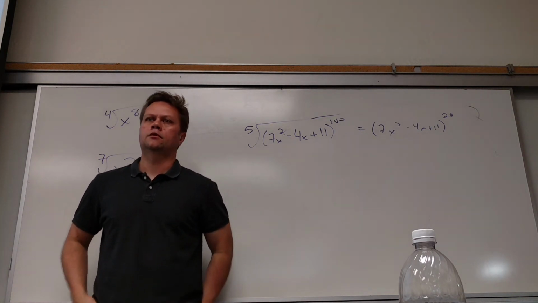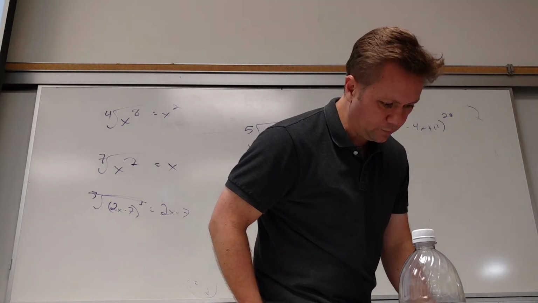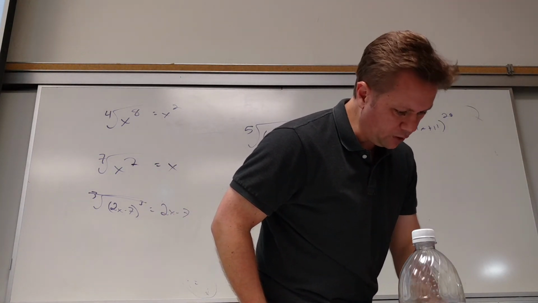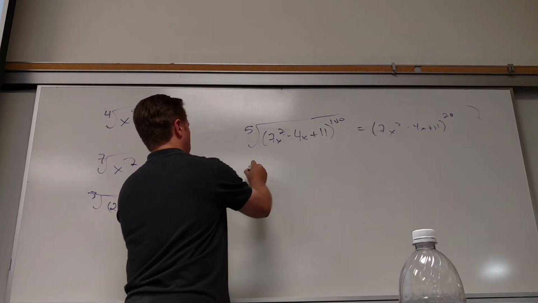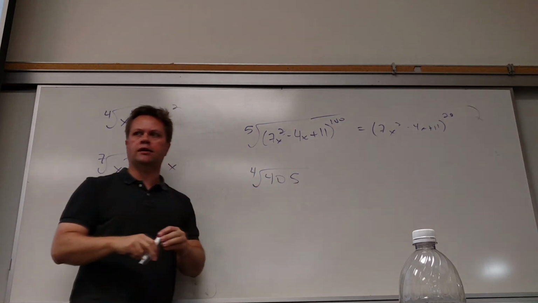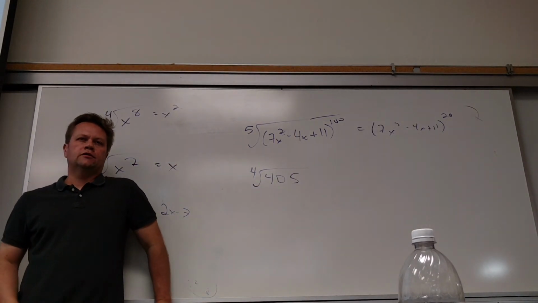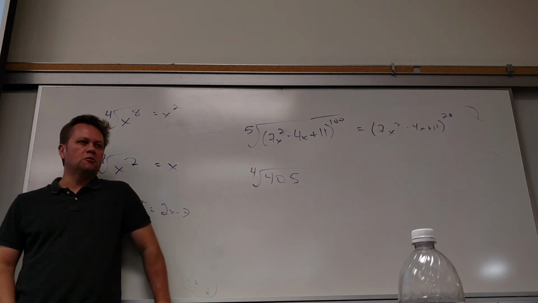What about G? 405. 4 squared. 3G. Oh, okay. So this one, I wouldn't bother you too much if you just started breaking that out. Because 4th roots, this might be a good one just to break out.